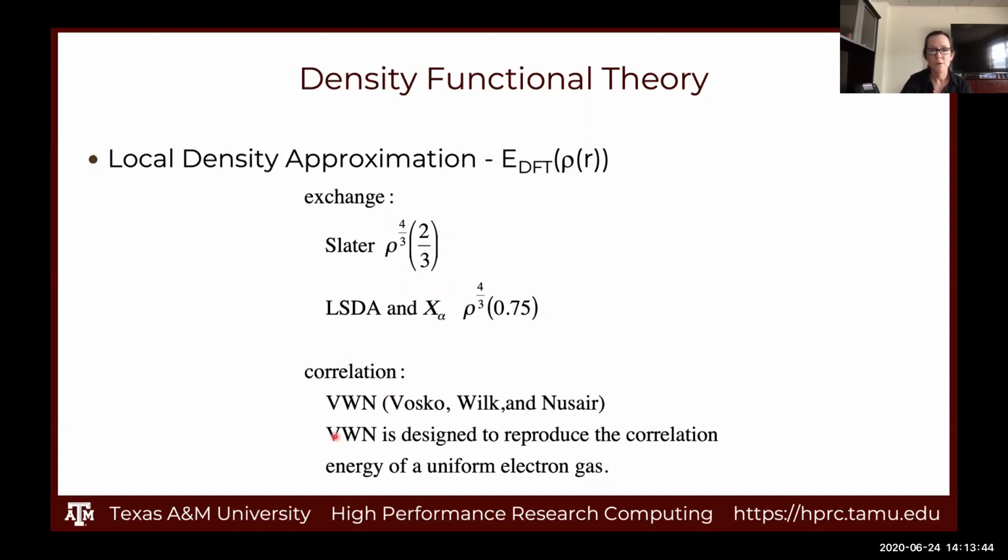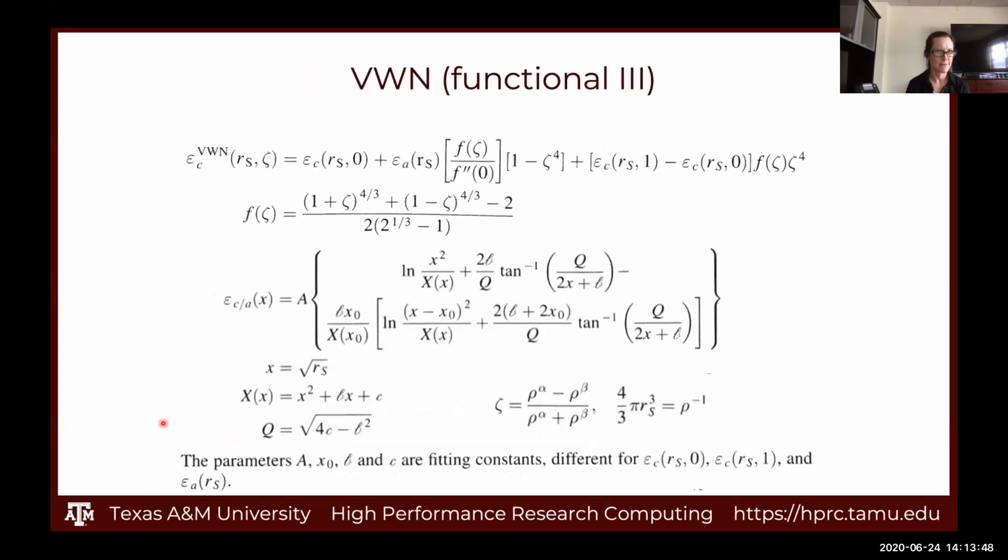And then there are these correlation terms, which I think I have on the next slide. Yes, okay. So the correlation terms look like this, but the thing that I want to point out here, and I'm not going to go through these equations, is that everything is just a function of the density, okay? So here it's just the density, and then there's a couple of parameters: this A, this X0, B, and C. These are the fitting constants, okay?